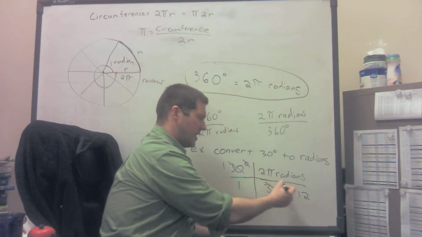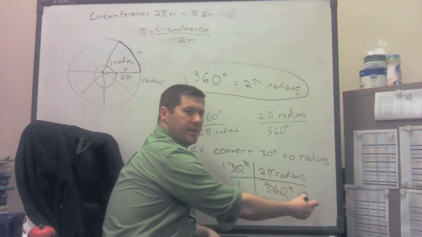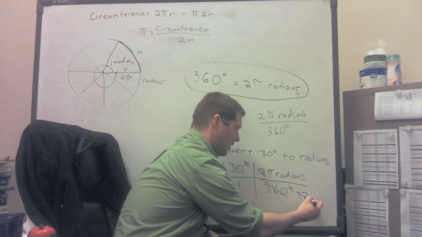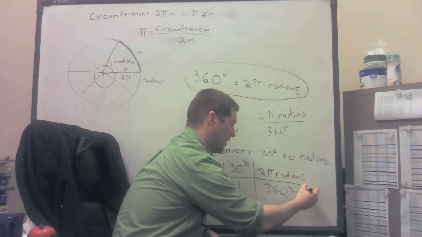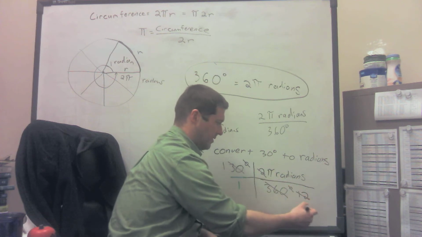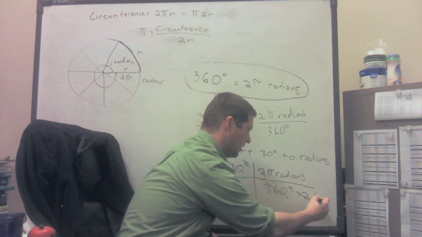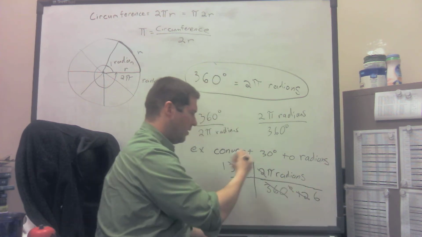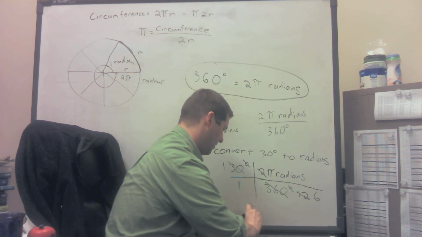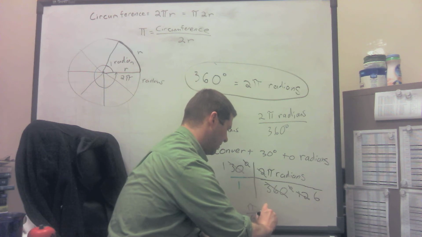I can simplify that as well. I can cancel a 2 out of both of those. I'm left with pi radians over 6. Or simplifying that, removing all the stuff I don't need, I just have pi over 6. Now it's in radians.